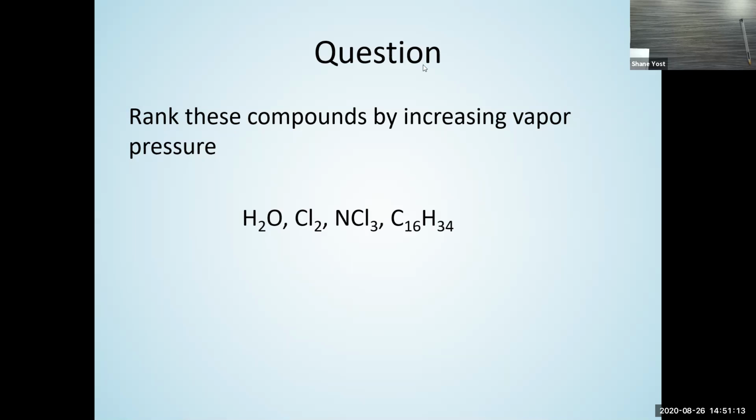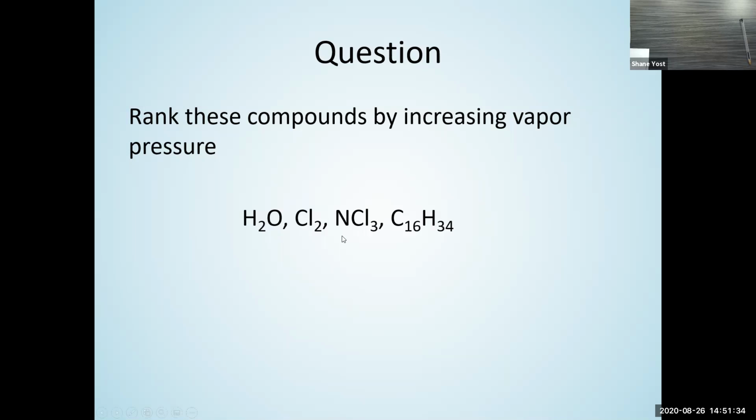So let's think about intermolecular forces here. Cl2 is going to have what type of intermolecular forces? Dispersion forces, because chlorine bonded with another chlorine is not a polar bond, so there's no dipole-dipole. It's just dispersion. NCl3 is going to have what type?